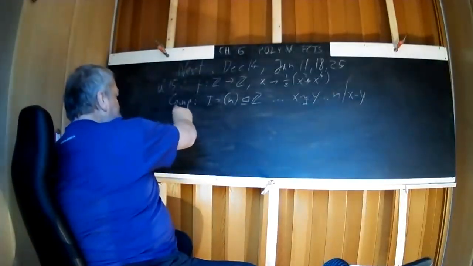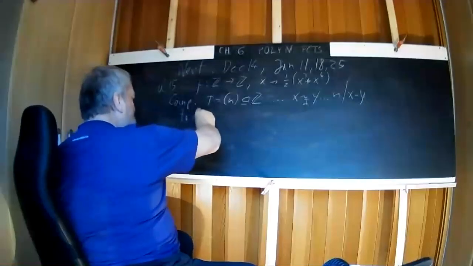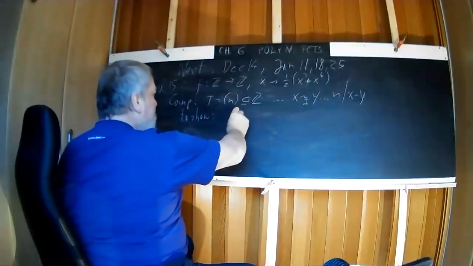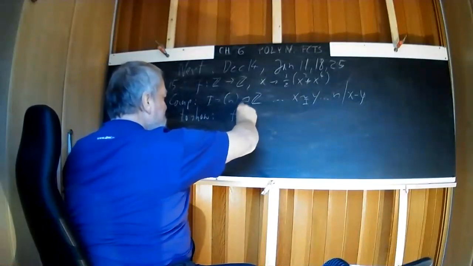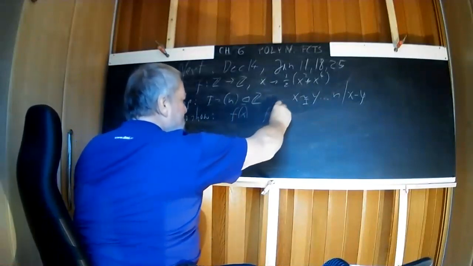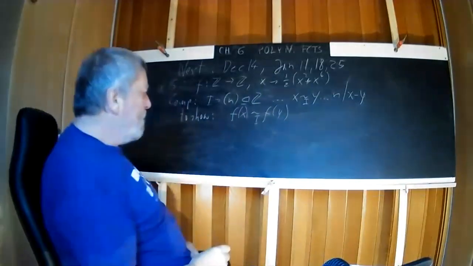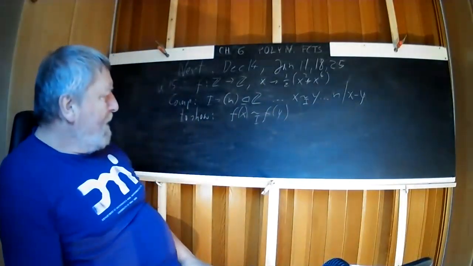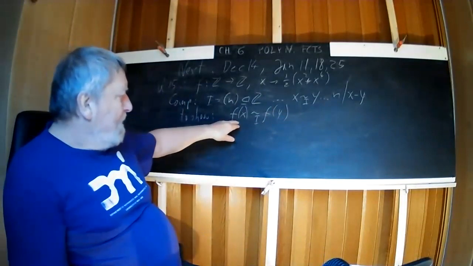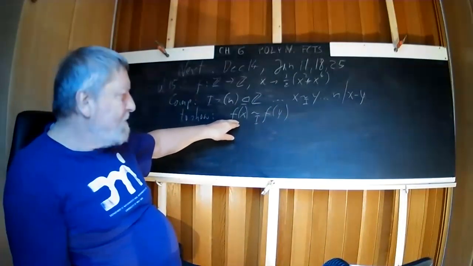So we have to show that f of x and f of y are also related with respect to I, which means that n is a divisor of the difference.